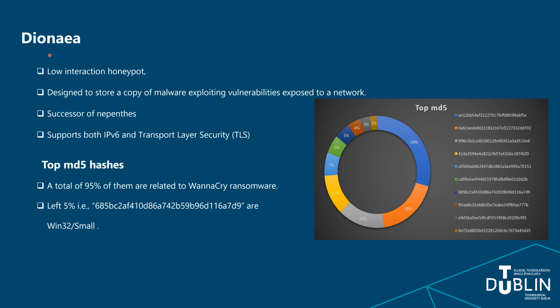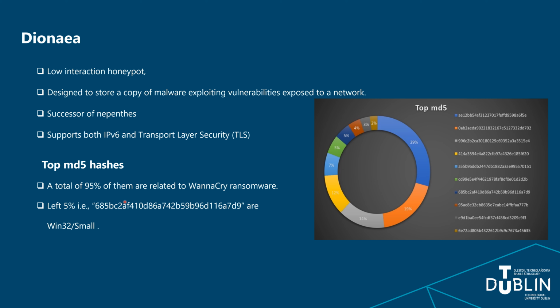The next sensor which I used is Dionaea. It's a low interaction honeypot designed to store a copy of malware exploiting vulnerabilities exposed to a network provider. It is a successor of Nepenthes, and it supports both IPv6 and TLS. Here I collected MD5 hashes, of which 95% are related to WannaCry ransomware, which encrypts files and infects other hosts.